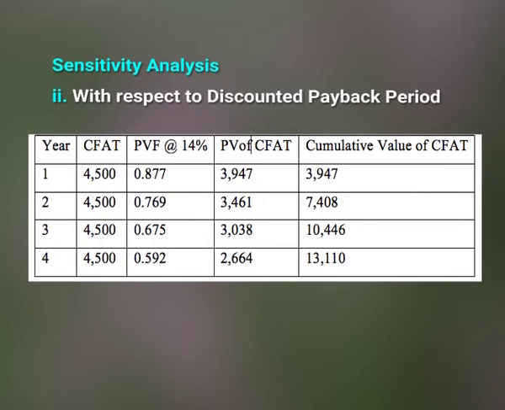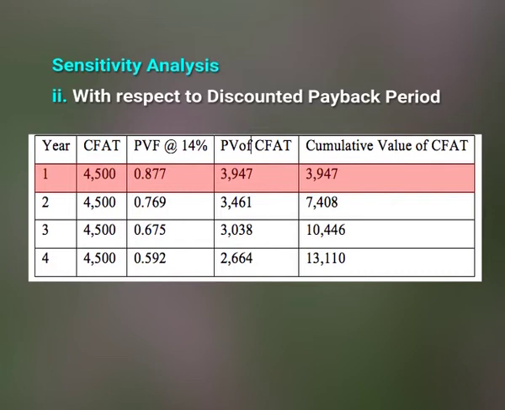Now, the second one is with respect to discounted payback period. With respect to the discounted payback period, we have the following table with us. 4 years are given to us: 1, 2, 3, 4. Cash flow after tax in the first year is 4,500. Then PV factor at 14% is 0.877. Then PV of cash flow after tax is 3,947.